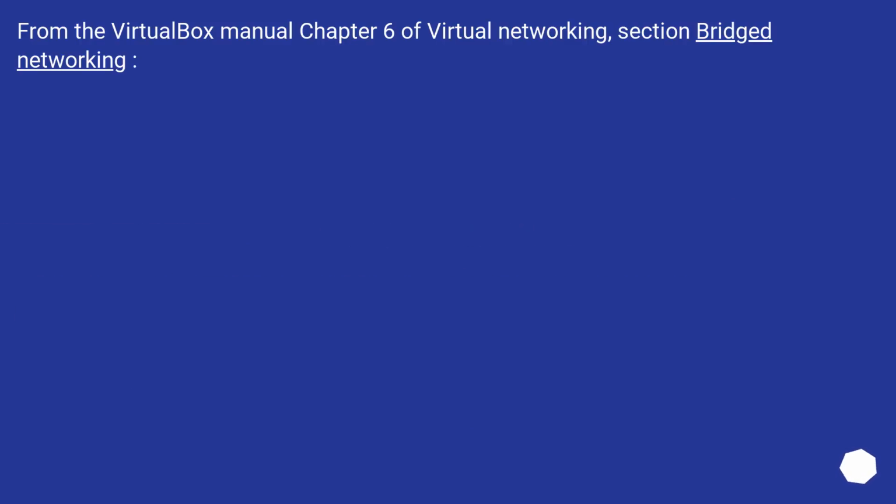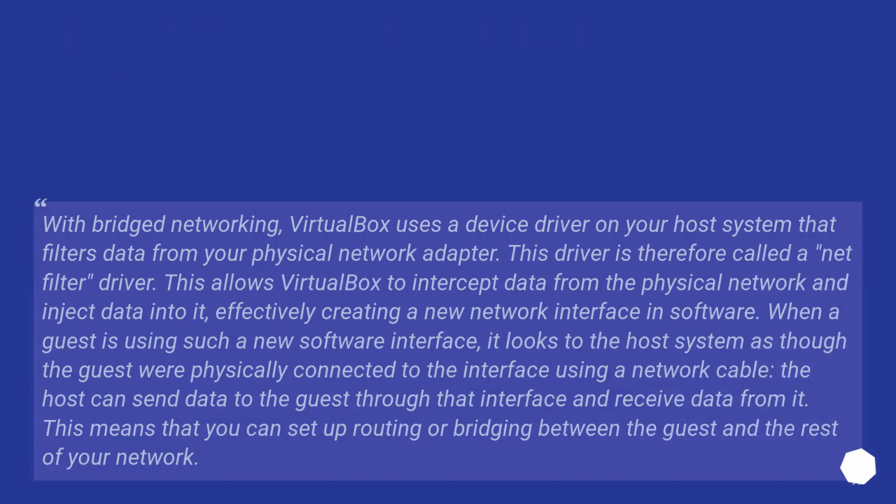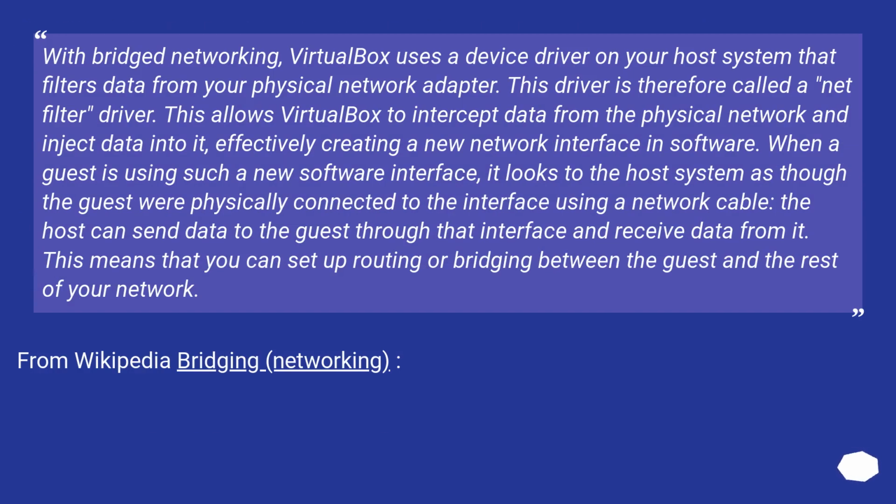From the Virtualbox Manual, Chapter 6 of Virtual Networking, Section Bridged Networking. With bridged networking, Virtualbox uses a device driver on your host system that filters data from your physical network adapter. This driver is therefore called a net filter driver.